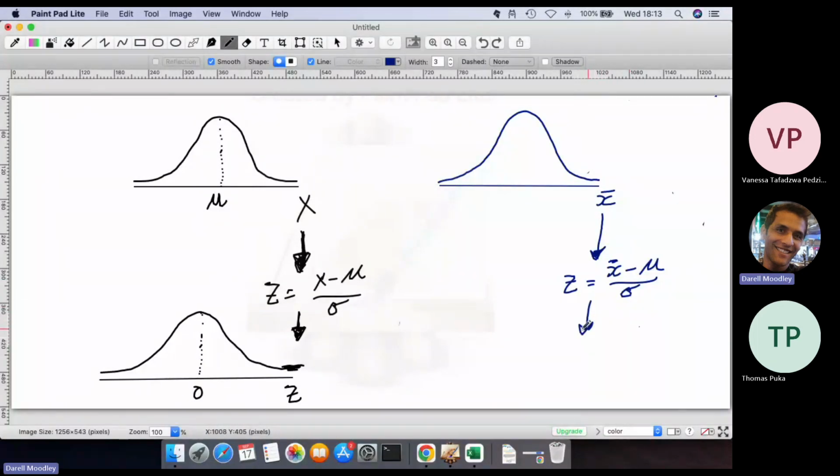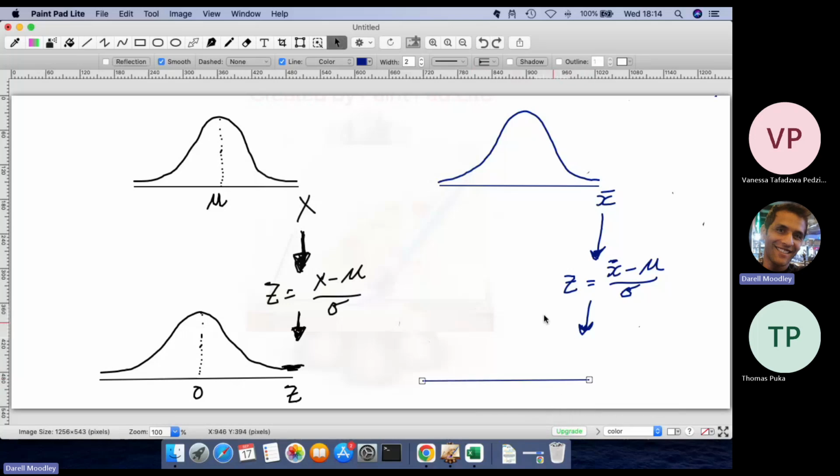We use that formula to convert it to Z, and then we're back to what's familiar to us, like what we did last week, using the table in the back of your book to find the probabilities. So let me draw the Z curve.